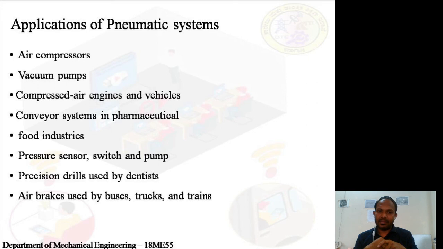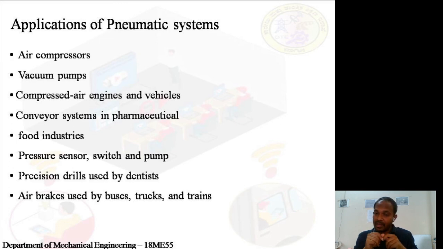Conveyor systems in pharmaceutical industries. You see conveyor systems not only in pharmaceutical industries, even in beverages, or even in biscuit factories we use conveyors. They use it in many industrial applications, particularly in the pharmaceutical applications, where they go for pneumatic systems.